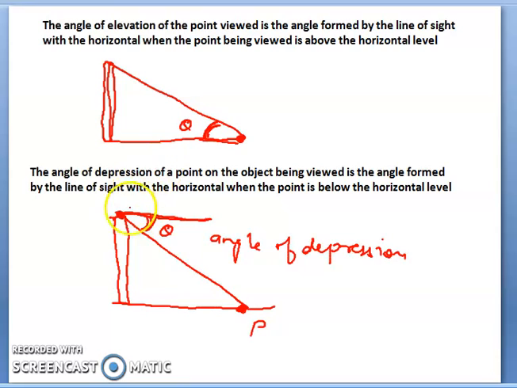We know this angle is equal to this angle. Why? Because if two parallel lines are cut by a transversal, these two angles, making a Z shape, are equal. That property is known as alternate interior angles. So we can say the angle of elevation is equal to the angle of depression.